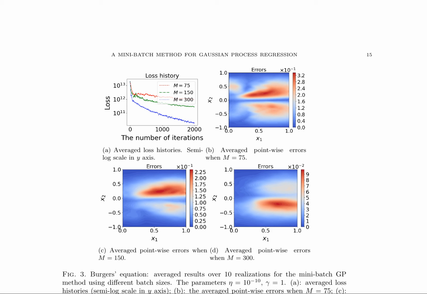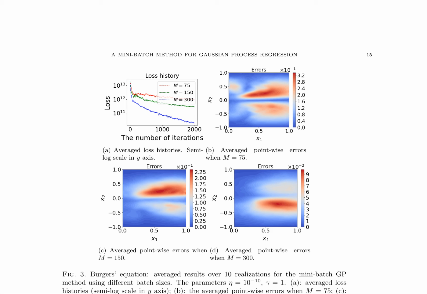In the context of Berger's equation, Figure 3 presents the averaged results over 10 realizations of the mini-batch GP method, utilizing varying batch sizes. The averaged loss histories in Figure 3a illustrate that increasing batch sizes yield faster convergence rates and smaller losses.